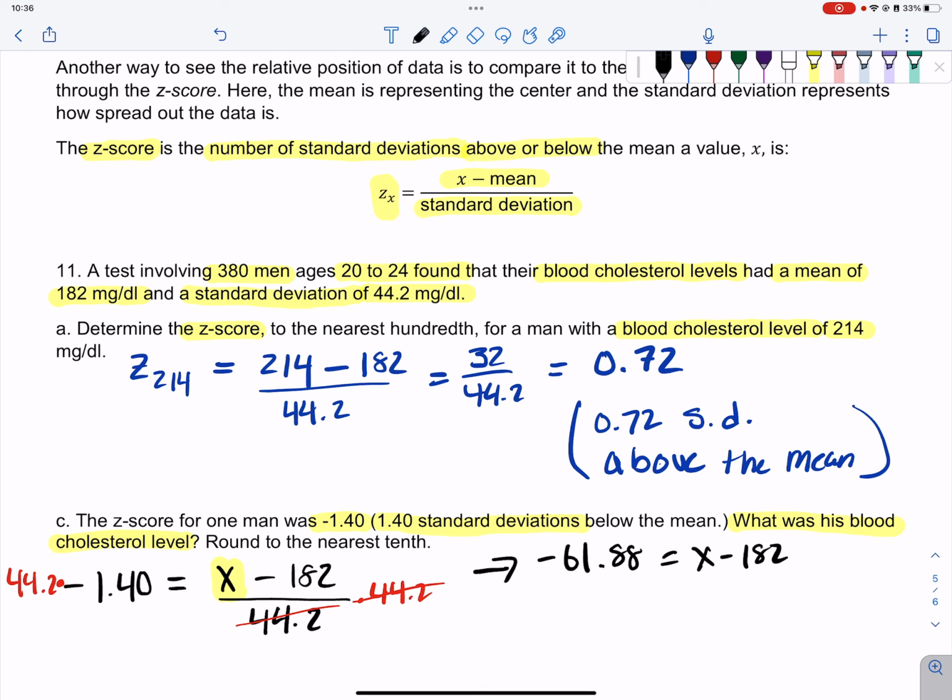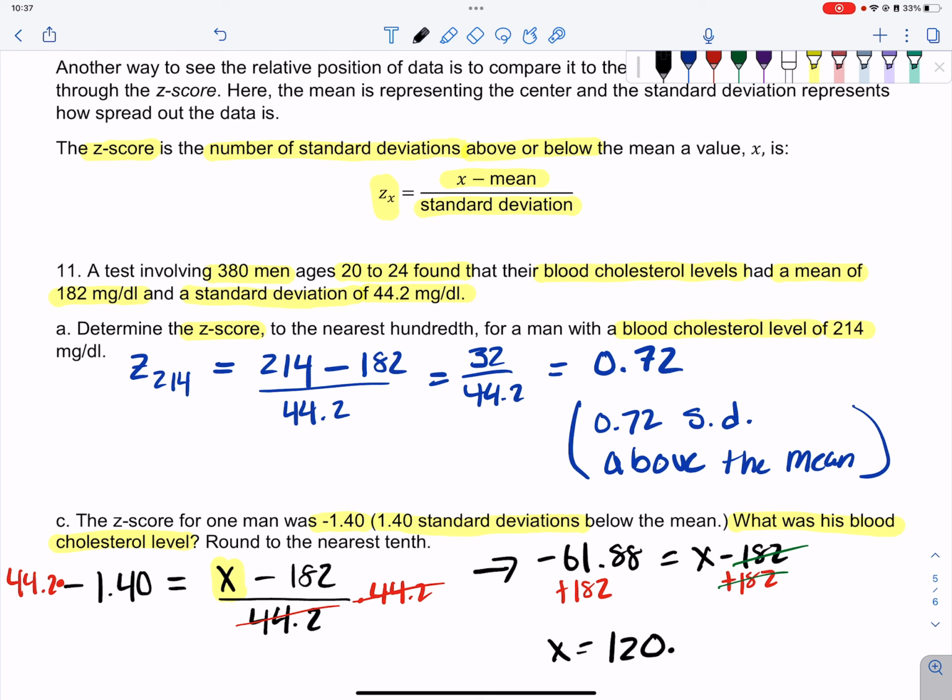And now to undo the subtracting 182, we can just add 182 to both sides. So that's going to give us that x is equal to negative 61.88 plus 182, which gives us 120.12.